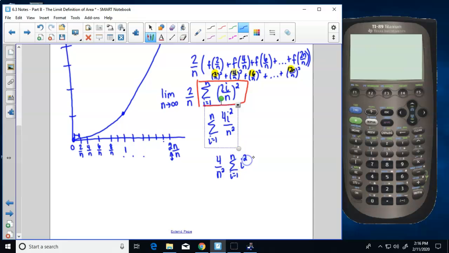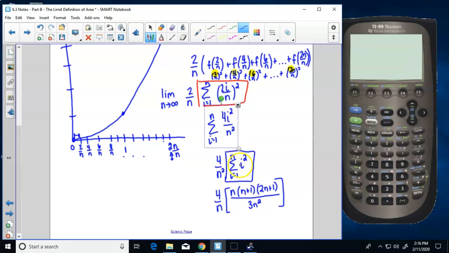of i squared. If you look back at your notes from yesterday, which I don't blame you if you've got to keep close by because I still have to keep close by, we had a shortcut rule for this. And that shortcut rule was, it doesn't look much like it, n times n plus 1 times 2n plus 1 all over 3n squared.